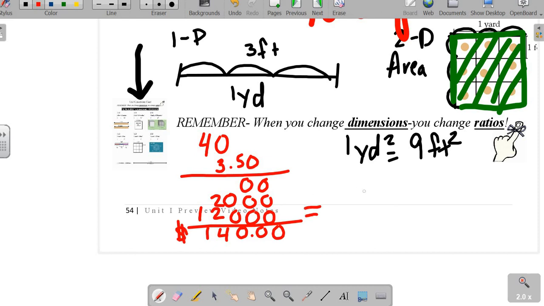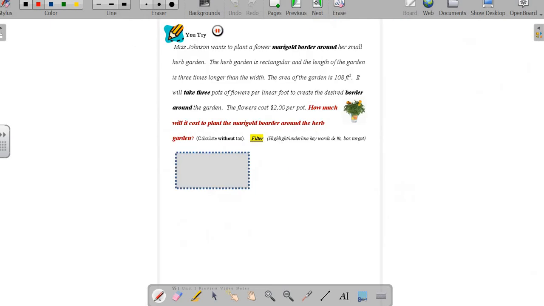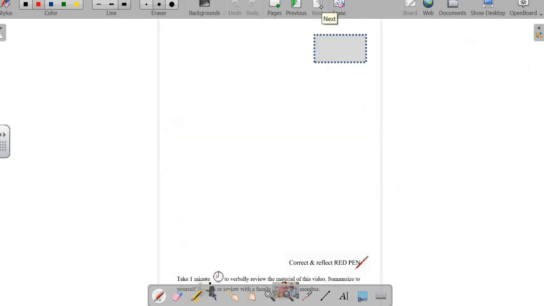So the total cost here is going to be $140. Now, these 2 pages you're going to do on your own, and then you're going to restart the video and double check your work.